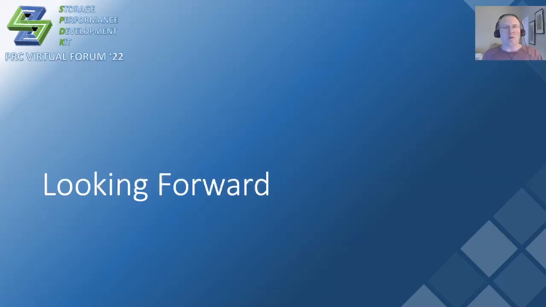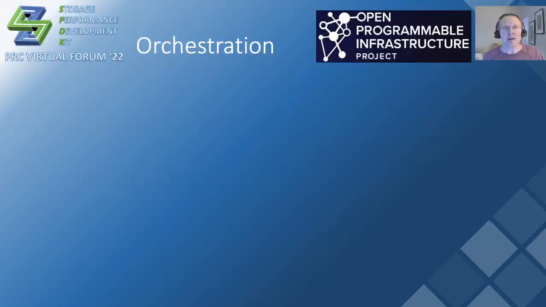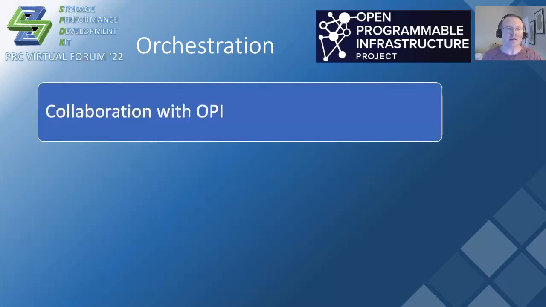So next, looking forward, what are some of the things that we're going to see from the SPDK community over this next year or so? So a big one is orchestration. For those that aren't familiar, there's a new Linux Foundation project called OPI, the Open Programmable Infrastructure. And SPDK has been working very closely with OPI around things like SMA.